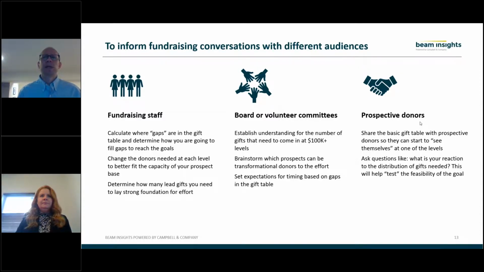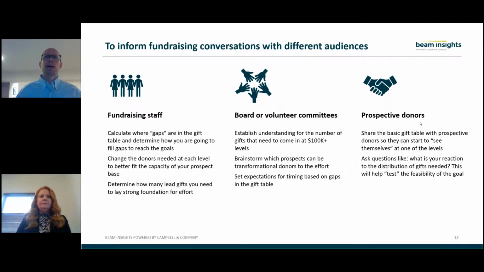It can be helpful in working with donors additionally to identify other prospects. So if you're bringing them inside the tent, so to speak, in regards to your plans, here's how we think we can achieve this impact that we're talking about and the associated goal.